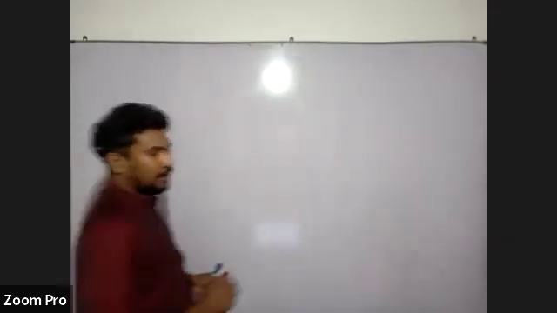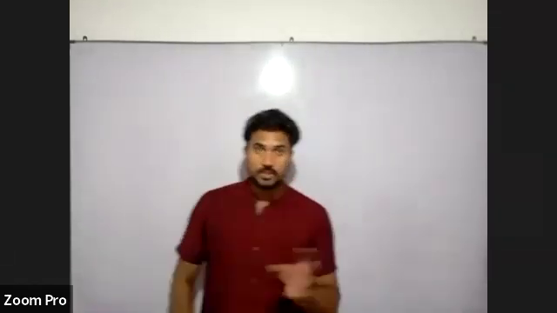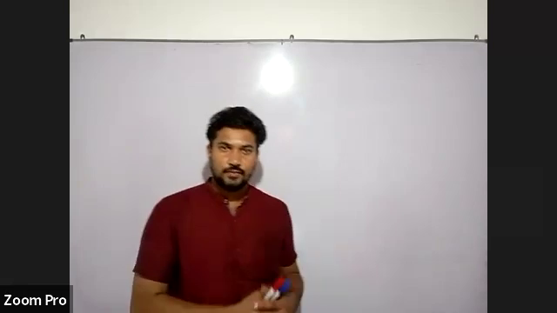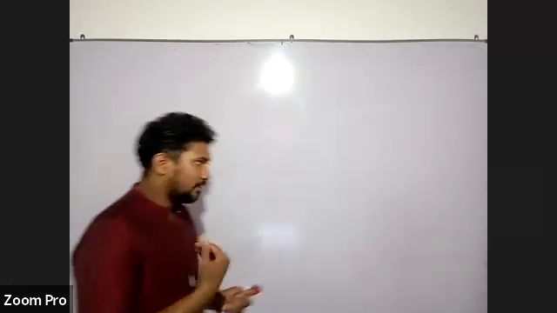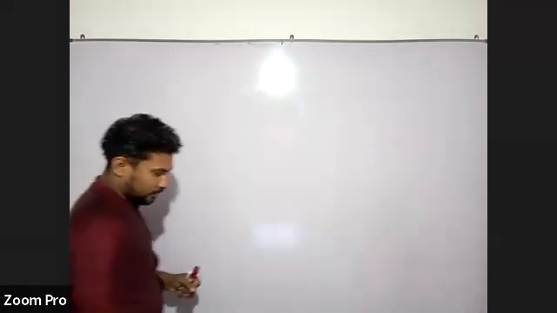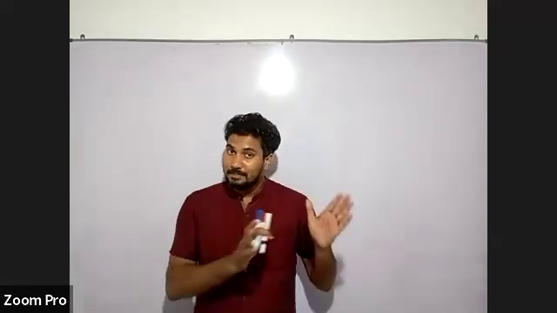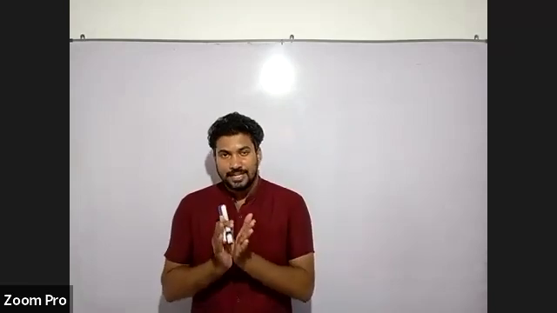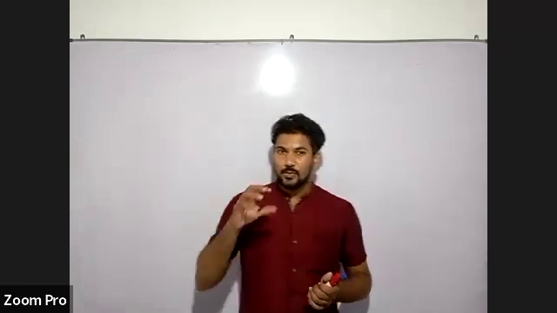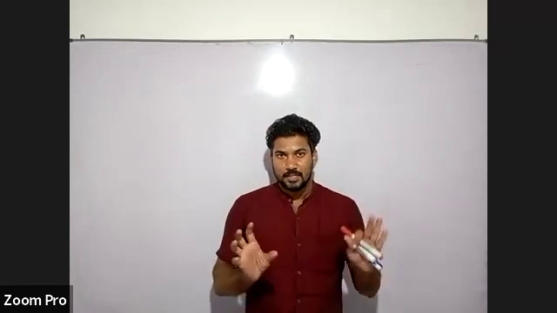Right. I think you have gone through the last day's videos, right? So in the last day, we were discussing the measuring errors, right? As I mentioned earlier, the errors can be classified into various types, right?